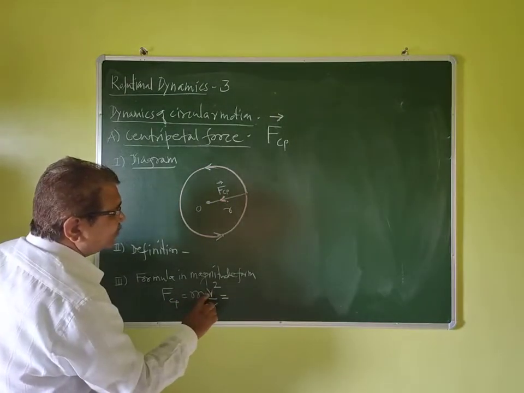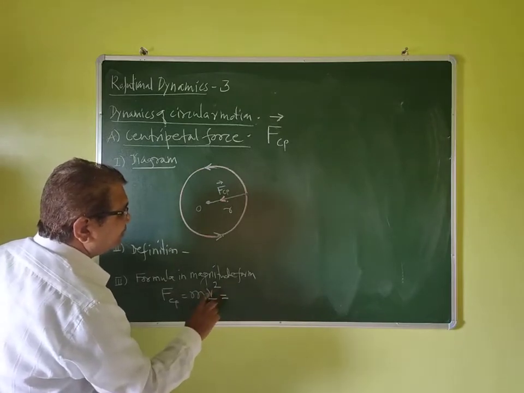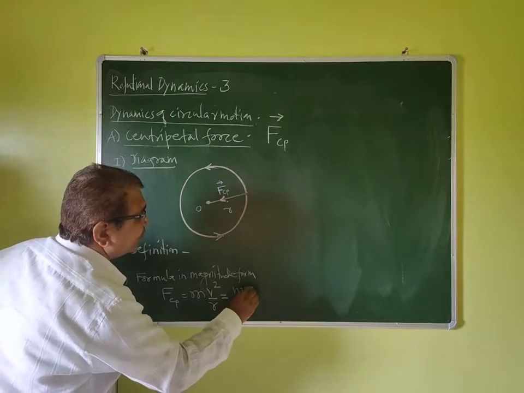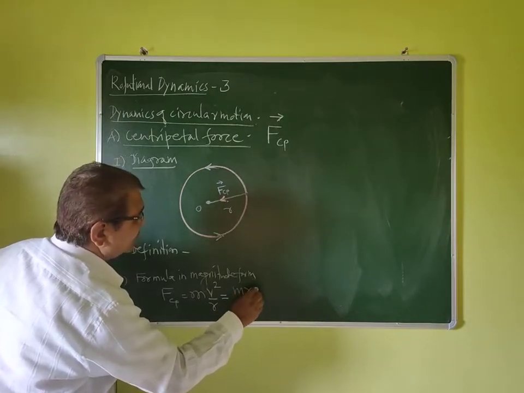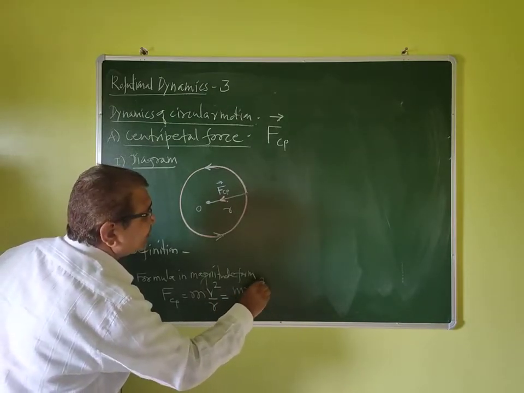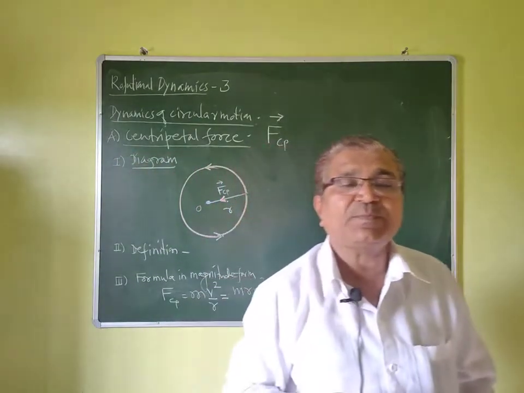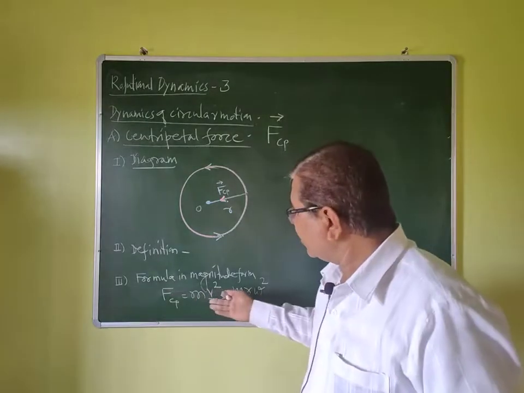If we put the value of v, v is equal to r omega, that we know, so we can write m r omega square. This is the formula of centripetal force in magnitude form.